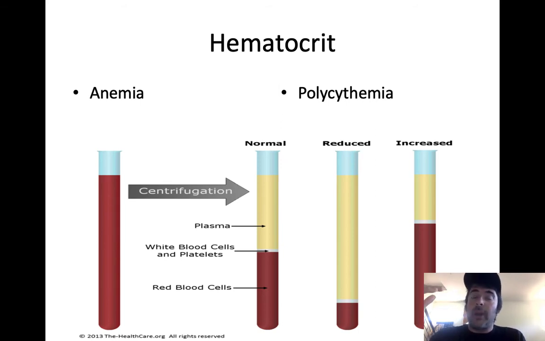Now, people would artificially raise their hematocrit, like competitive athletes, because if you have more red blood cells, presumably you're going to be able to carry more oxygen to your tissues and your tissues aren't going to become fatigued as easily. The problem with that is red blood cells are like molasses. So it puts a lot of stress on your cardiovascular system and your kidneys when you have a consistently elevated hematocrit. So it's something you have to figure out.